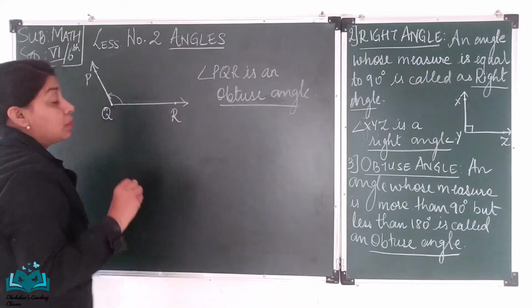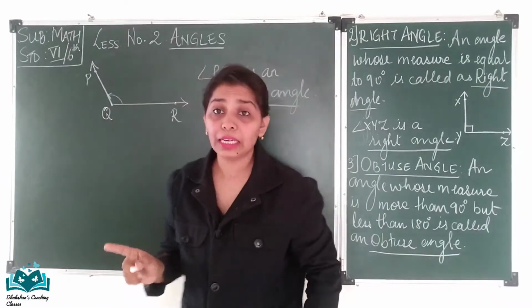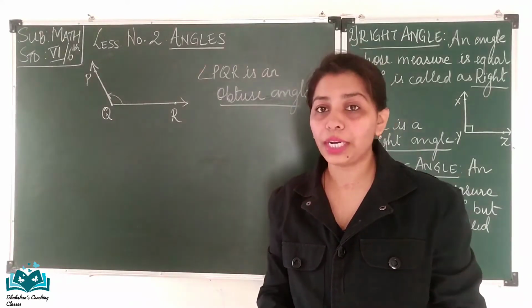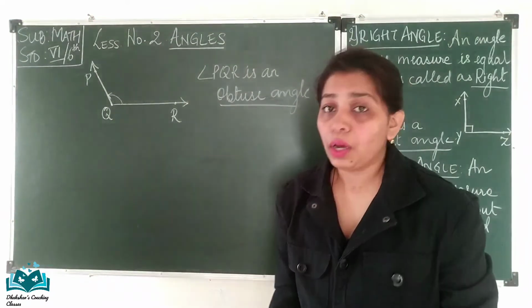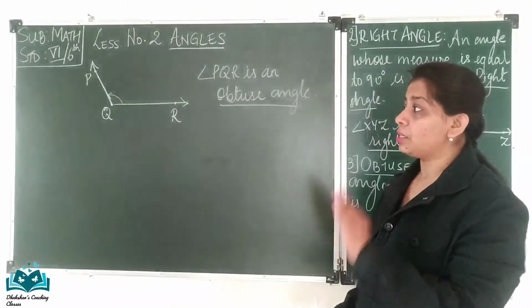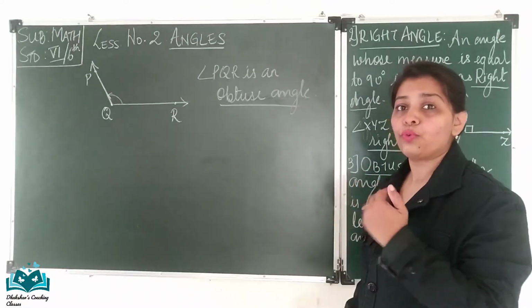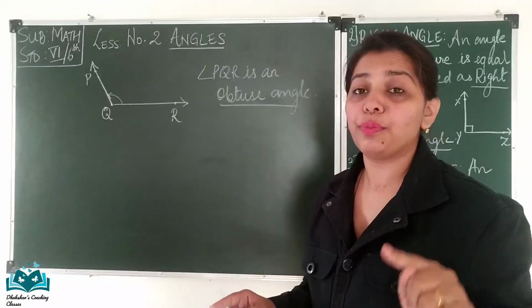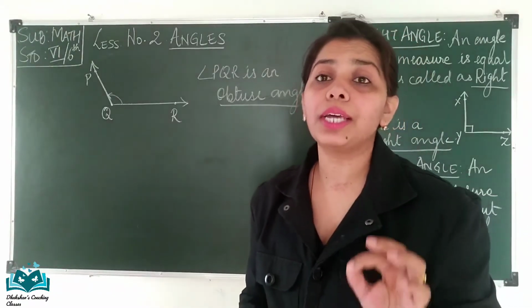So, here the measure of the angle is more than 90 but it is less than 180. Now, if I extend this ray PQ further to a straight line, it will give me a straight angle.